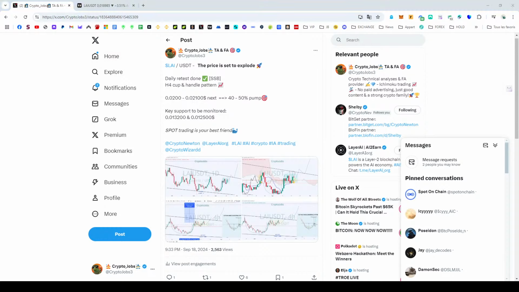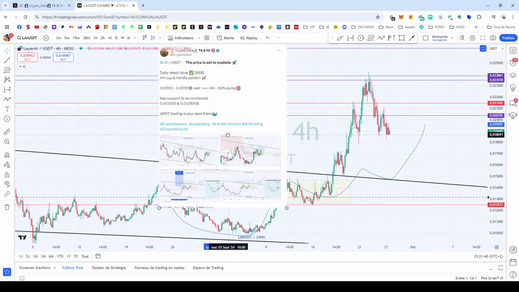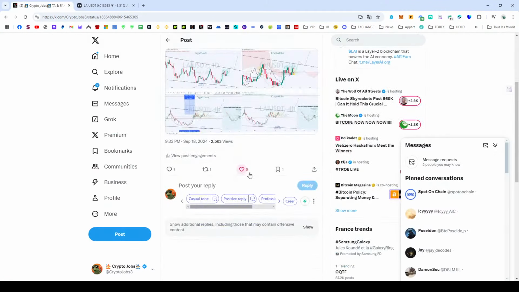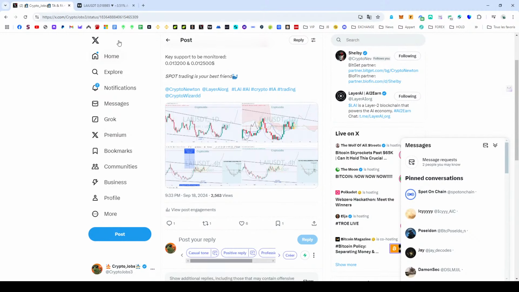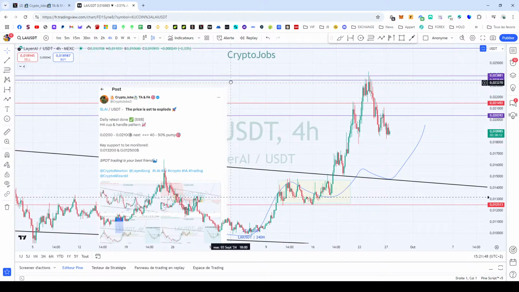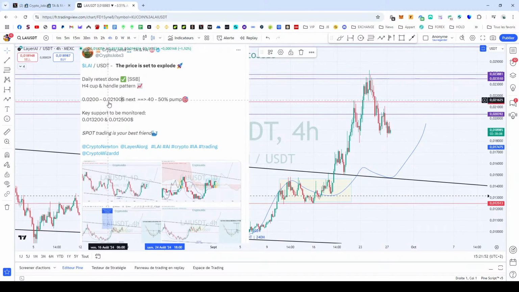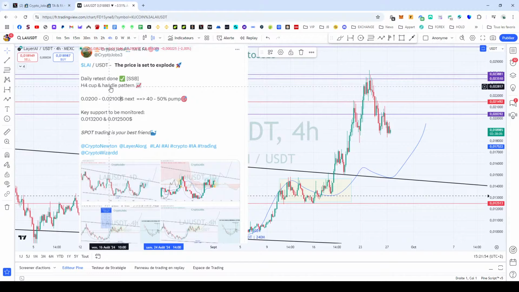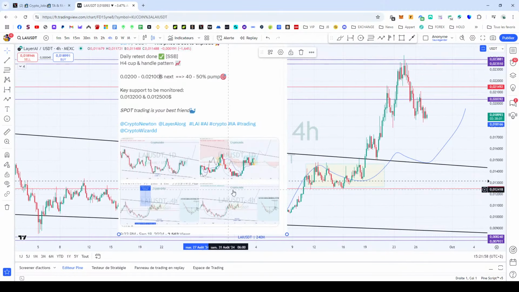Because I didn't set the correct date on YouTube, see, I think it was the 18th of September. See, the 18th of September, what I called on my Twitter page, cup and handle pattern, daily retest done. So everything has been monitored and studied with Ichimoku, obviously.